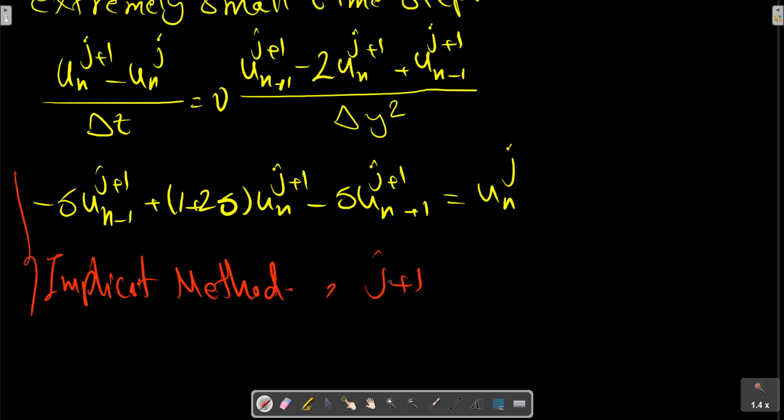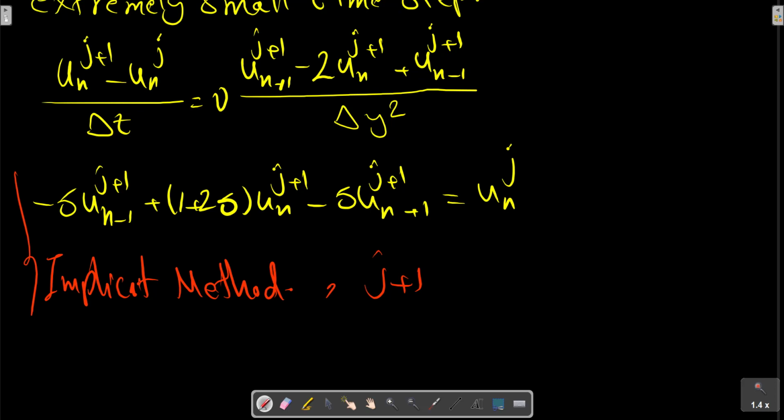Meaning that one must solve a large system of algebraic equations for the new nodal values at time j plus 1. Fortunately, the system is narrowly banded, with the unknowns confined to the principal diagonal and its two nearest diagonals. In other words, the coefficient matrix is tridiagonal, a happy event.